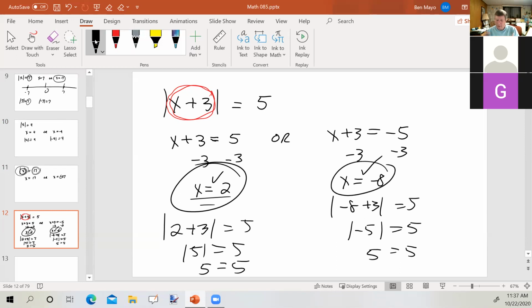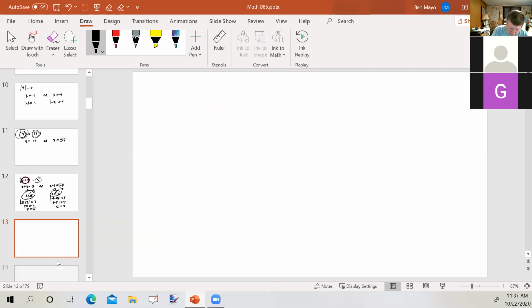So again, we need values of x that make the inside equal to that, or the inside equal to the opposite of that. Because when we take their absolute values, we get a positive value in both cases, again, unless it's 0. Still doing okay? Yes. All right.